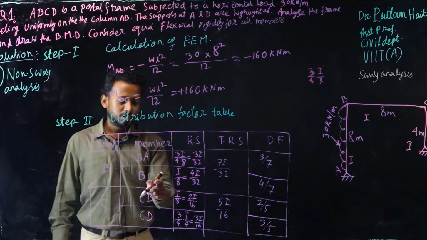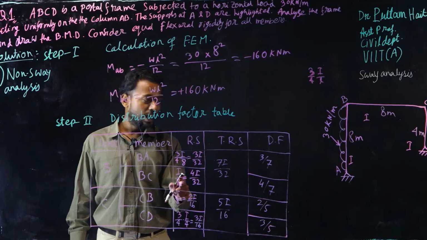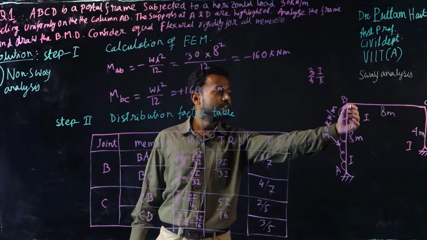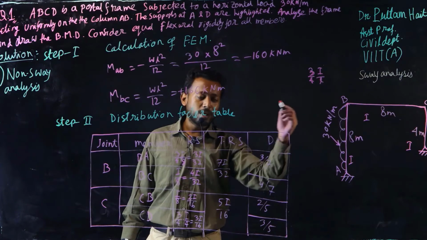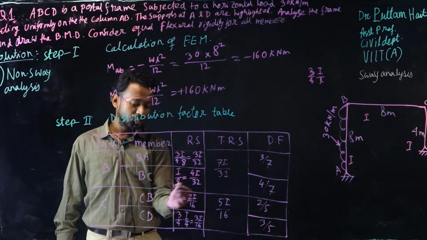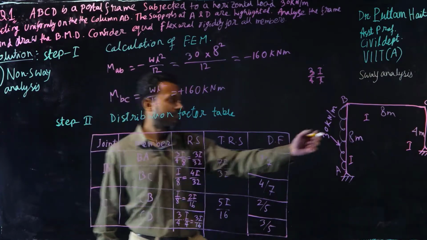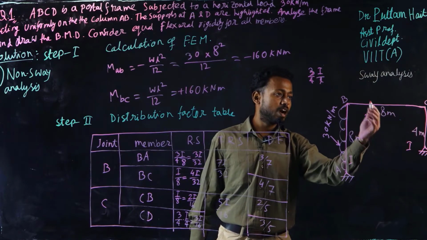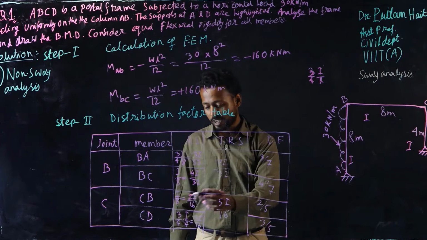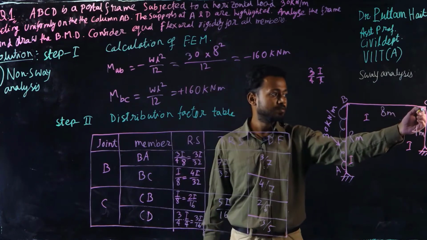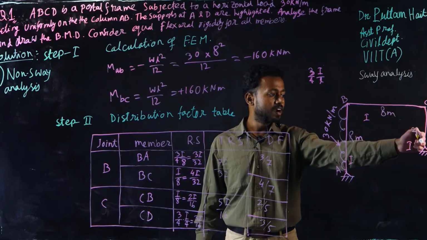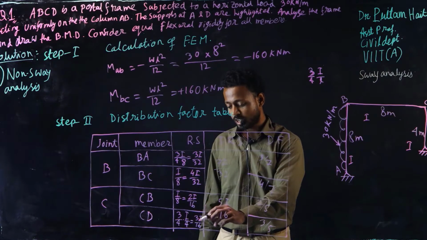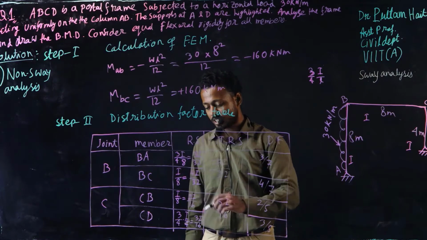In case of BC, I am standing at B looking at C, far end is fixed, so I by L, so I by 8. In case of CB, I am standing at C looking at B, far end is fixed, so I by L, so I by 8. And in case of CD, I am standing at C looking at D, far end is hinged, so 3 by 4 I by L will be the relative stiffness, so I have 3I by 16.